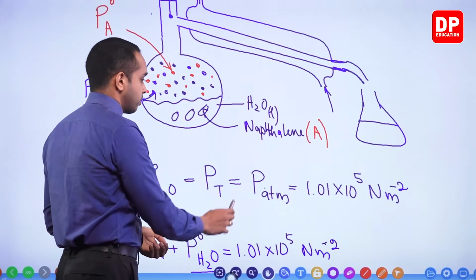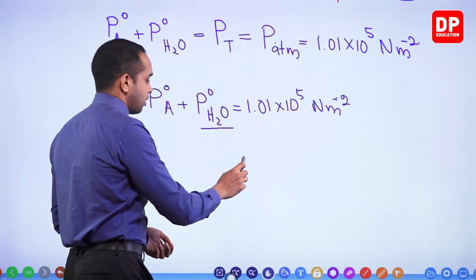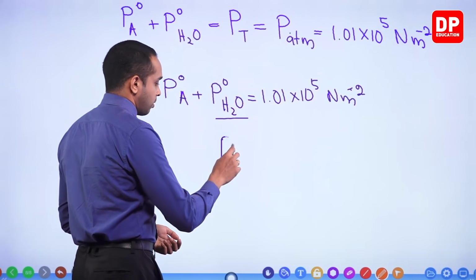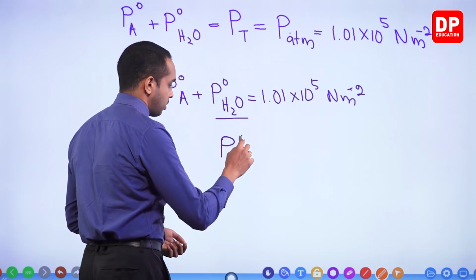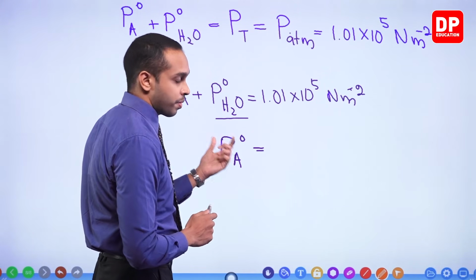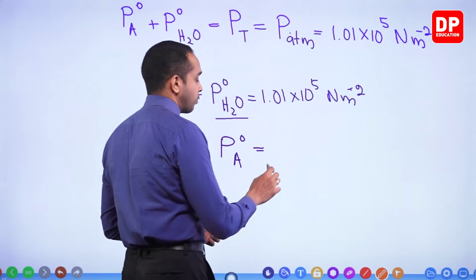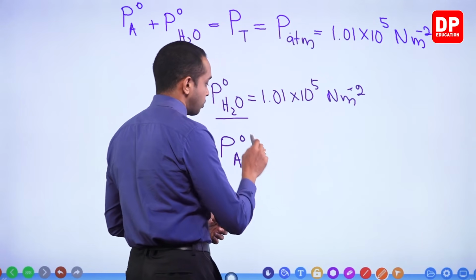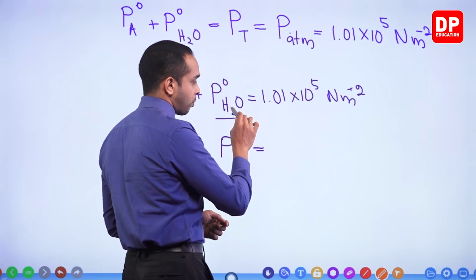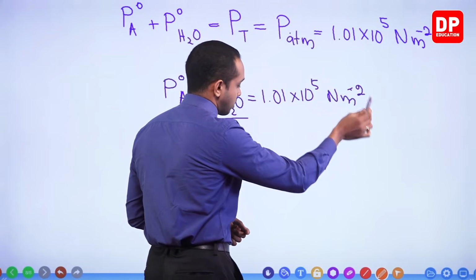So we can calculate the saturated vapor pressure of essential oil as well. Since we know the saturated vapor pressure of water, I'm going to now take it to the other side.